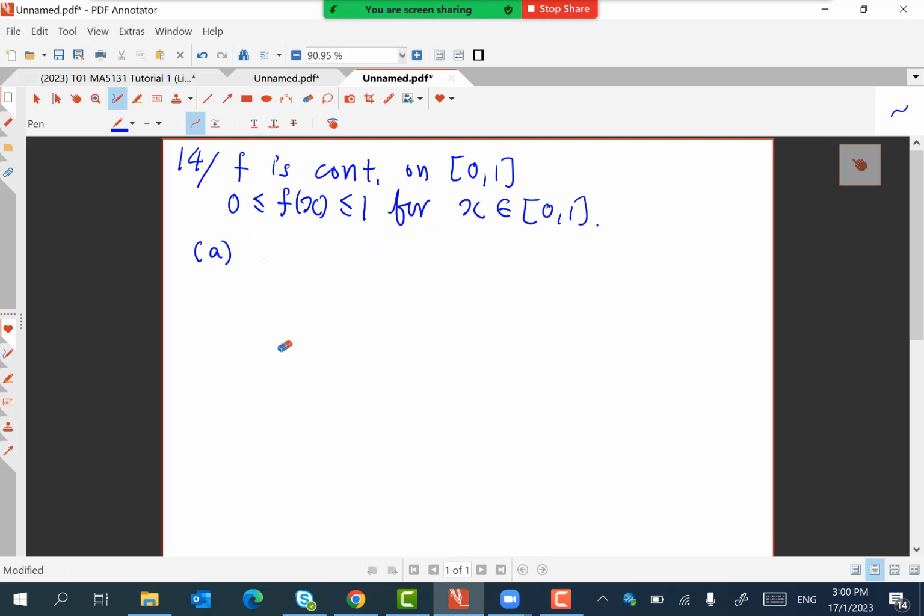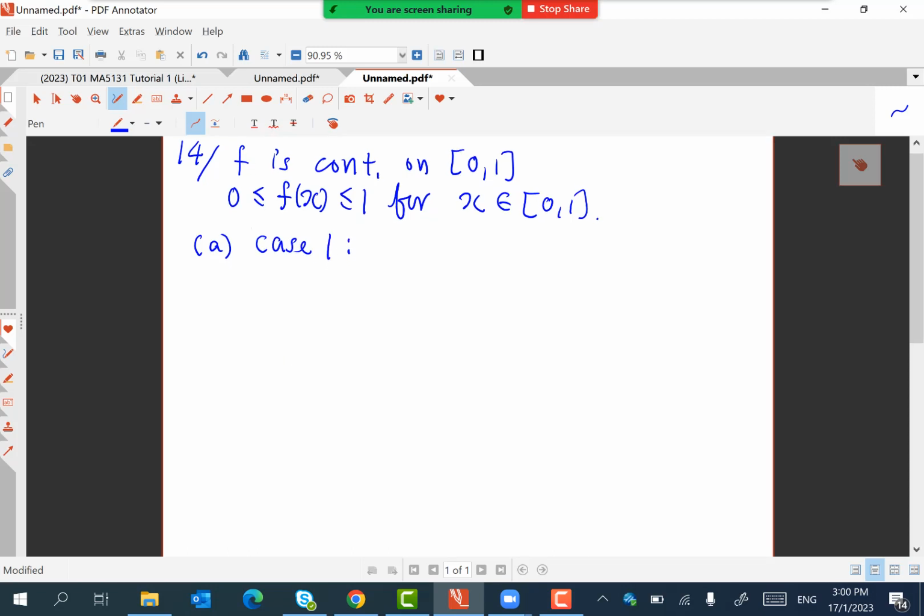To prove the result, I'm going to do it in a few cases. Case 1: if f(0) equals 0, we are done. Agreed?